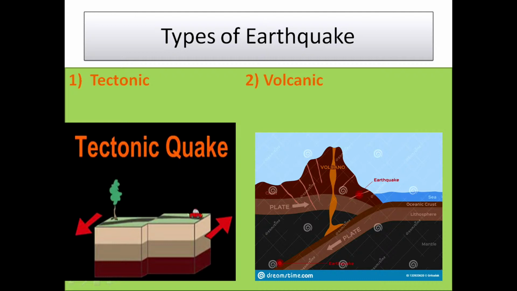But rather than the earthquake causing destruction, volcanoes bring with them magma, which causes more destruction. That is the most important thing we need to understand. So volcanic earthquakes have a double impact, whereas tectonic earthquakes have only one impact.